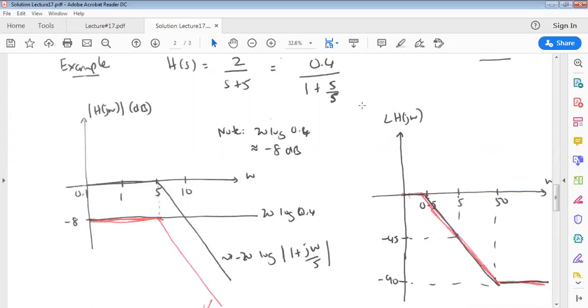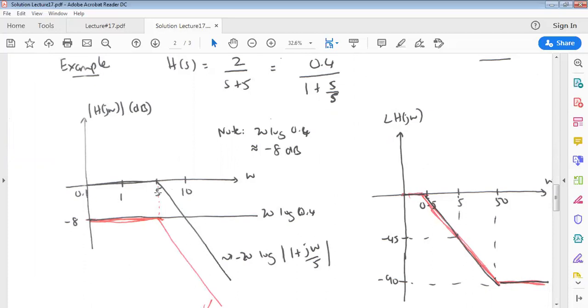For a real pole at 5, we get 0 dB magnitude up to the value of 5, and after 5, a slope of negative 20 dB per decade. The plot of the constant and the plot for the real pole need to be added.